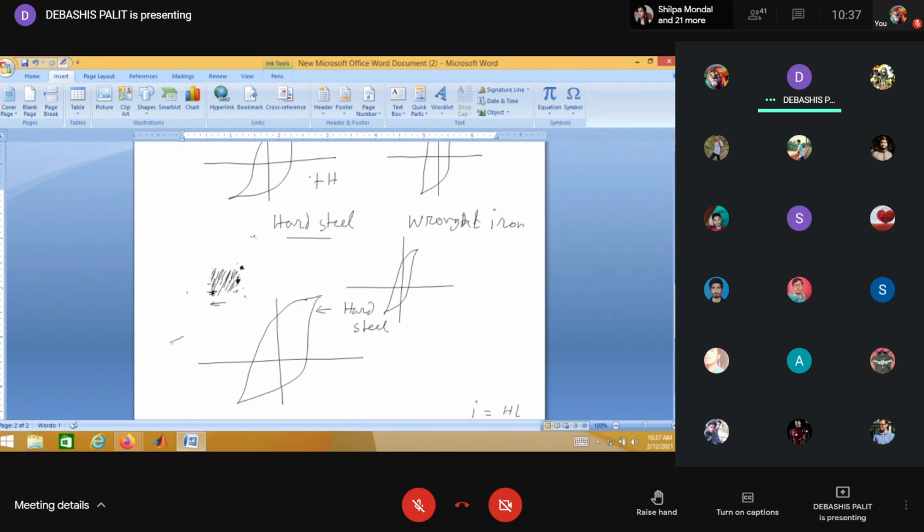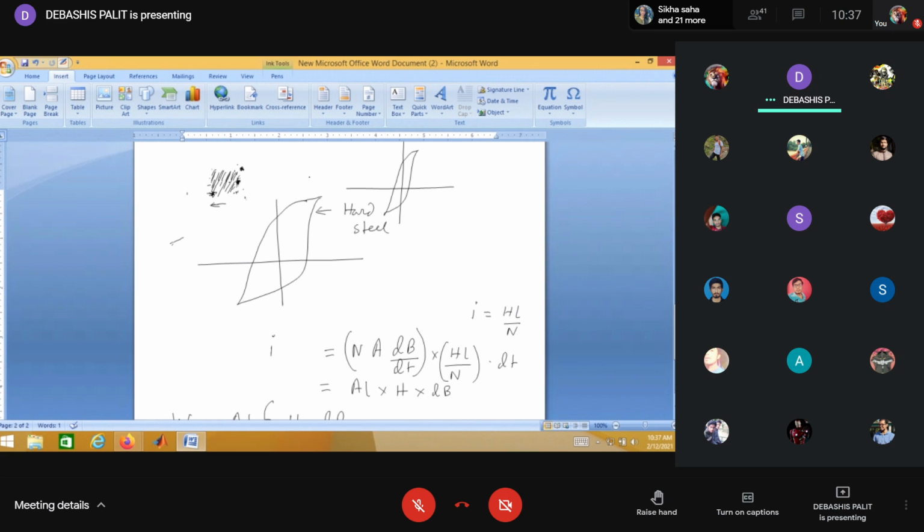And for wrought iron, comparatively less hysteresis area.